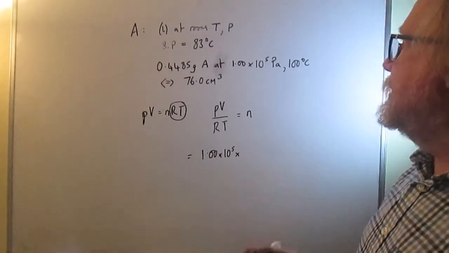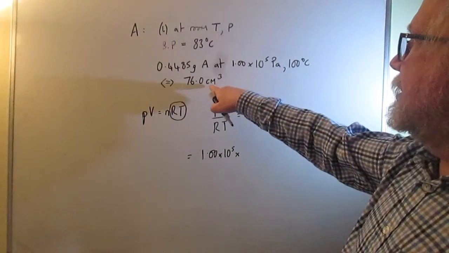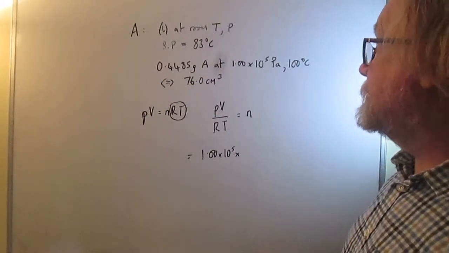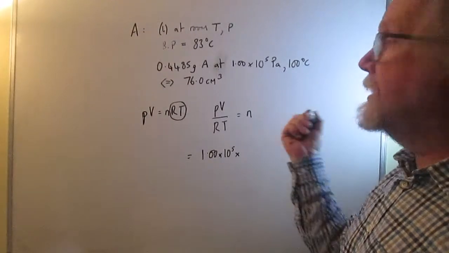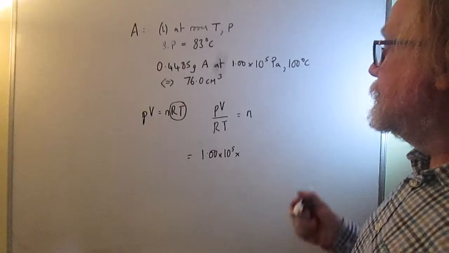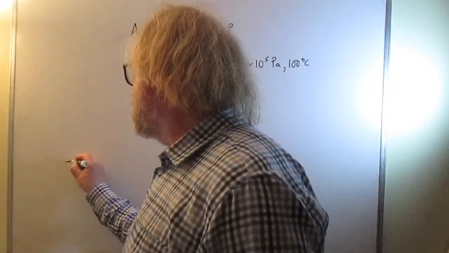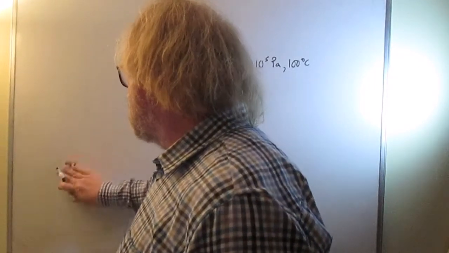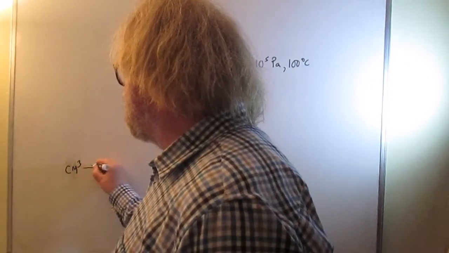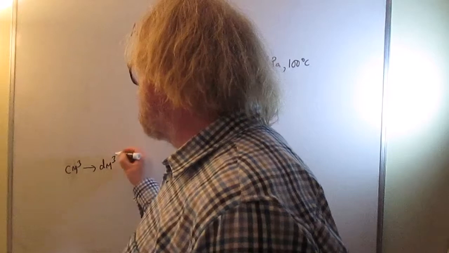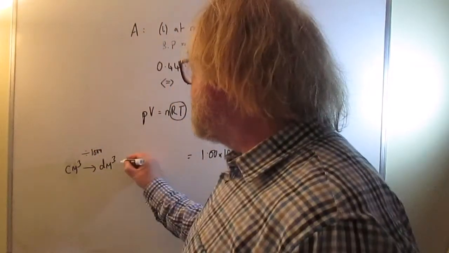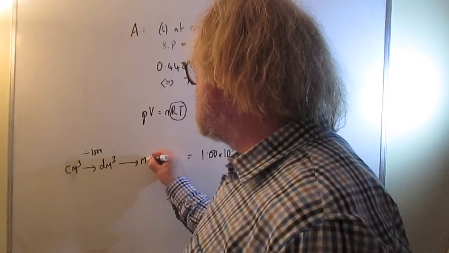But the volume needs to be in cubic metres, and at the moment it's in cubic centimetres. So you either have to know that there are 1,000,000 cubic centimetres in a cubic metre, so you would therefore divide by 1,000,000 to get the number of metres cubed. Or you can think of it in two steps: to go from cm cubed to dm cubed, you divide by 1,000, because there are 1,000 cm cubed in a dm cubed, and it's just the same again going to metres cubed.